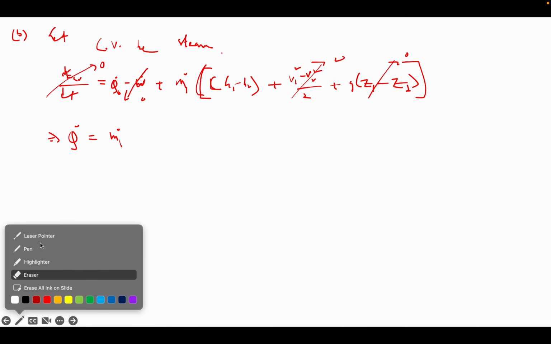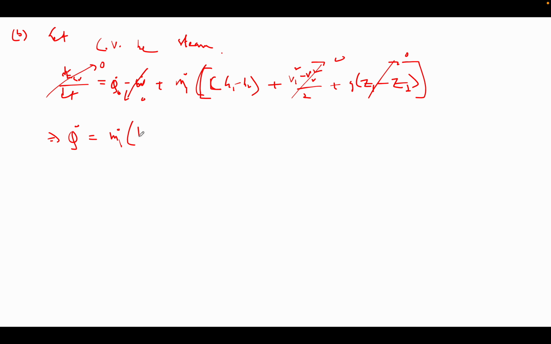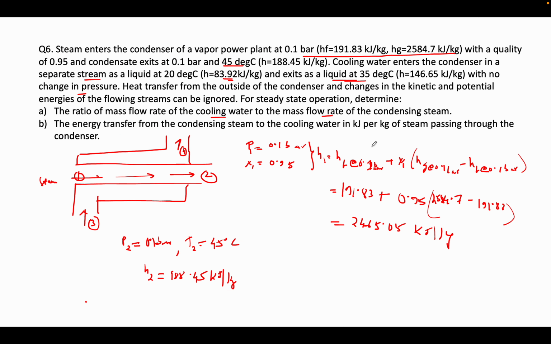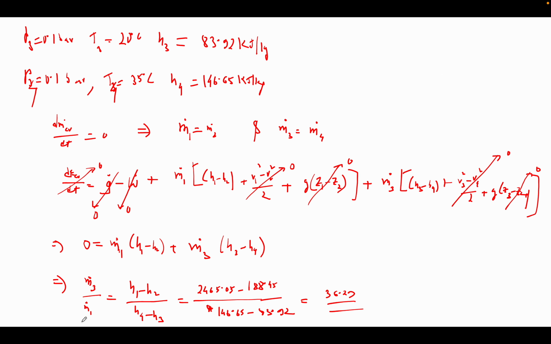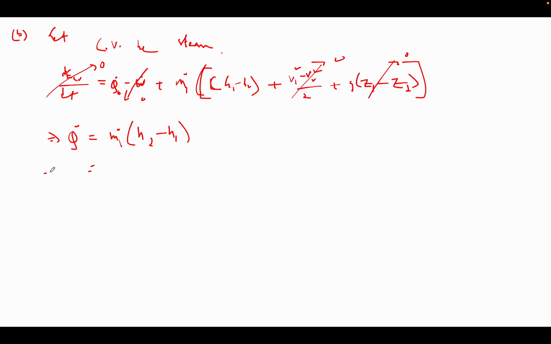m1 dot times h2 minus h1. What you need to find out is in kilojoule per kg. So per kg, q dot by m1 dot is nothing but h2 minus h1.